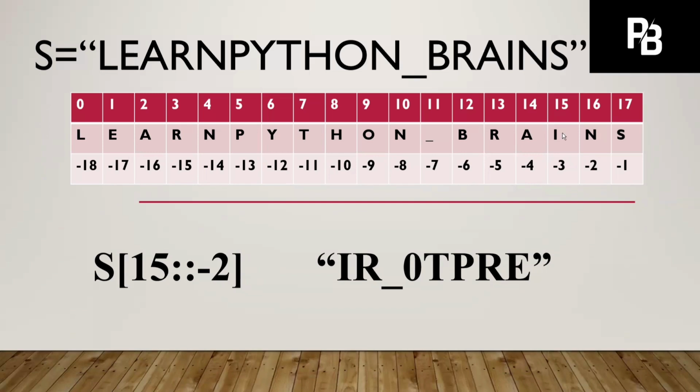So I, gap of 2, R, then underscore, then O, then T, then P, then R, then E. All the values are printed starting from 15 backward. And we know that if the last value is missing, that means the length of the string, or the end of the string.